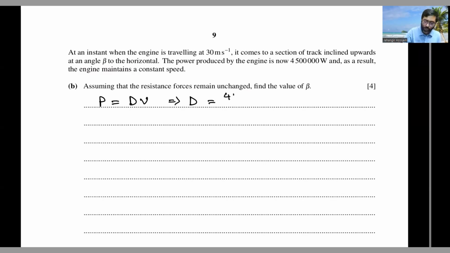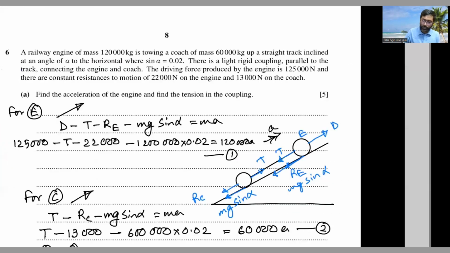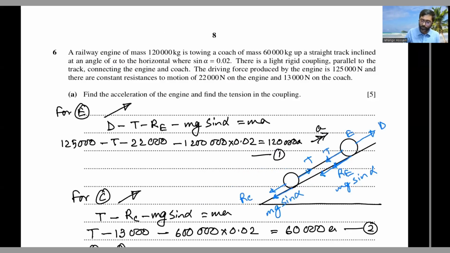It is 4,500,000 divided by 30. So it will be 150,000 Newton. Remember, you can consider the same diagram, only the difference is the angle is now bigger, which is unknown.